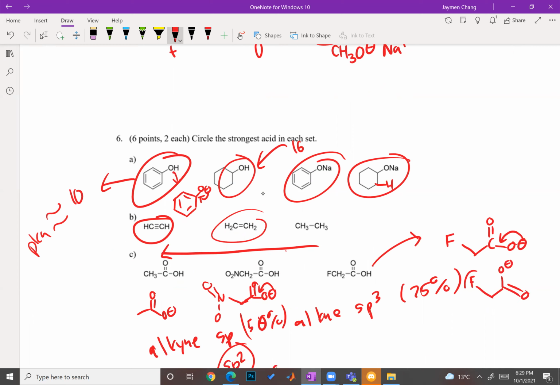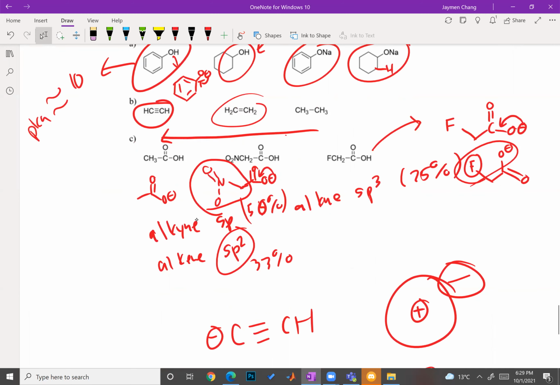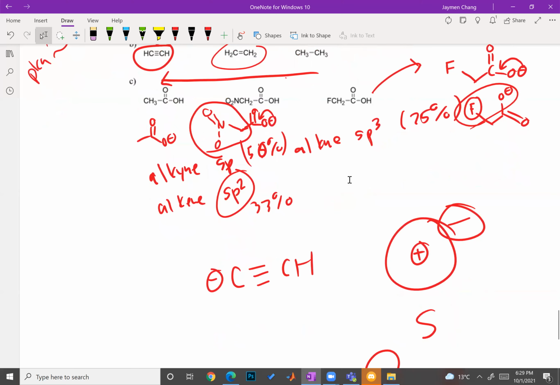Because this electronegative element is close to our negativity, it helps to stabilize it. And over here, this is even more of an inductive group. If you draw the resonance structure for this, it's going to look like that. Because there's a plus charge on the nitrogen, it's quite electron withdrawing. So this group is going to be a very good inductive group to steal electron density. Does that make sense? Yeah, sorry, I forgot the carbon there.